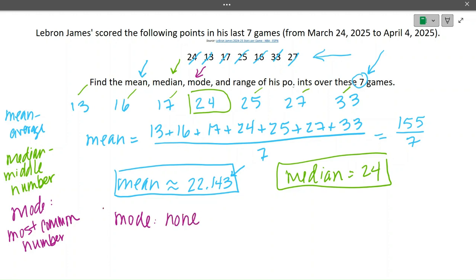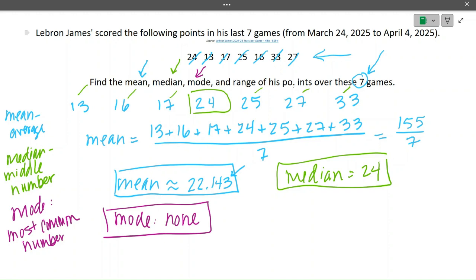So we're just going to say the mode is none. Modes, there can be one mode, there can be two modes. We would say it's bimodal. There could be three modes, trimodal, and so on. There can also be no modes. So at no time during these 7 games did he score the same number of points in at least 2 games. So that's what the mode tells us.